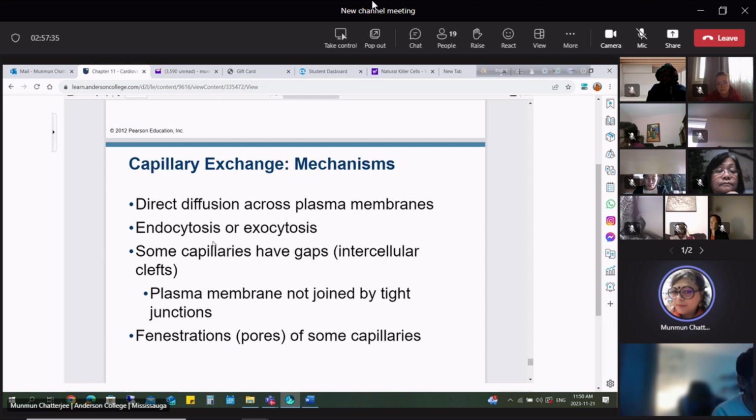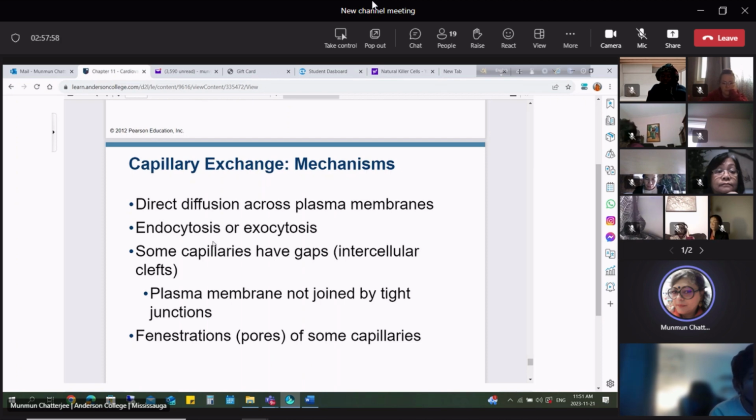Sometimes, as we already learned, endocytosis and exocytosis also happen. And some capillaries have gaps in between, because the plasma membrane is not joined by tight junctions. They have gap junctions.